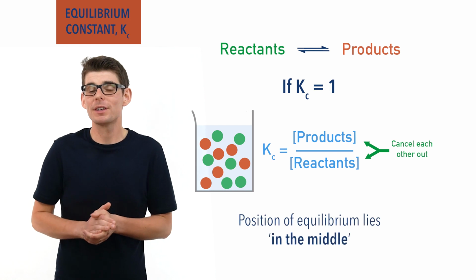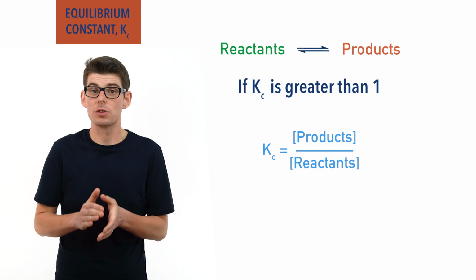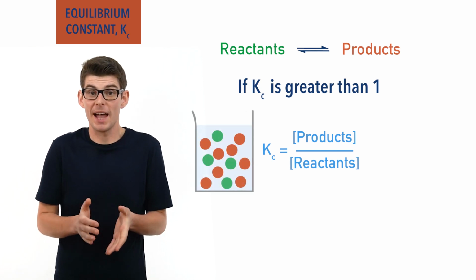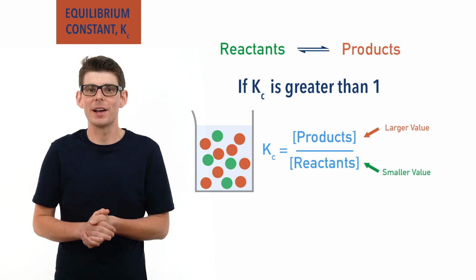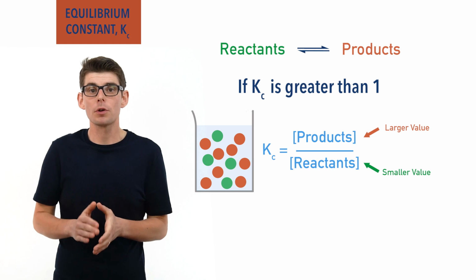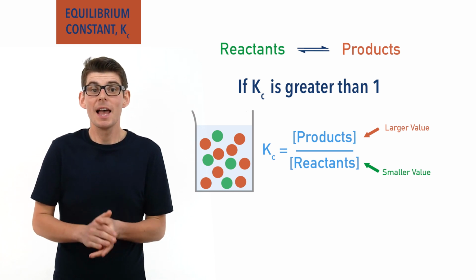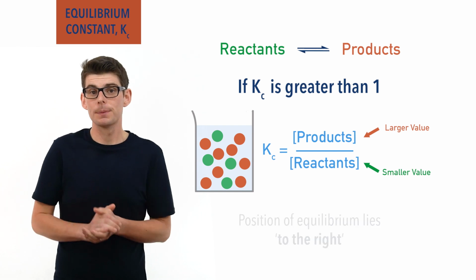If the value calculated is greater than 1, this means there is a higher concentration of products than reactants, as a larger value divided by a smaller value will always give a value greater than 1. The bigger the number, the more products there are compared to reactants, and the more the position of equilibrium lies to the right.